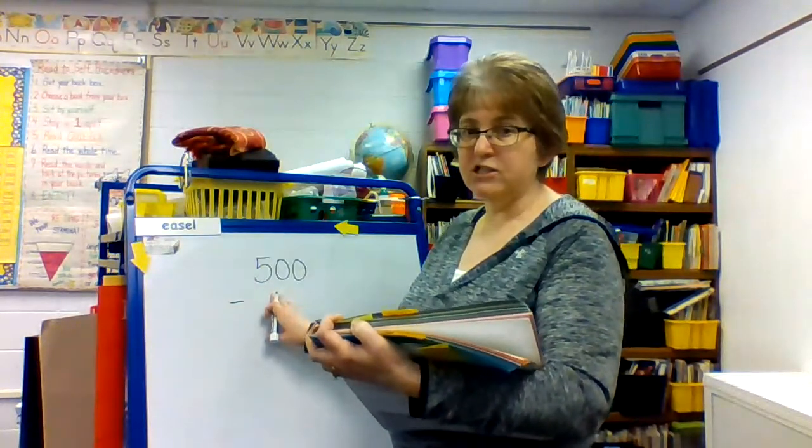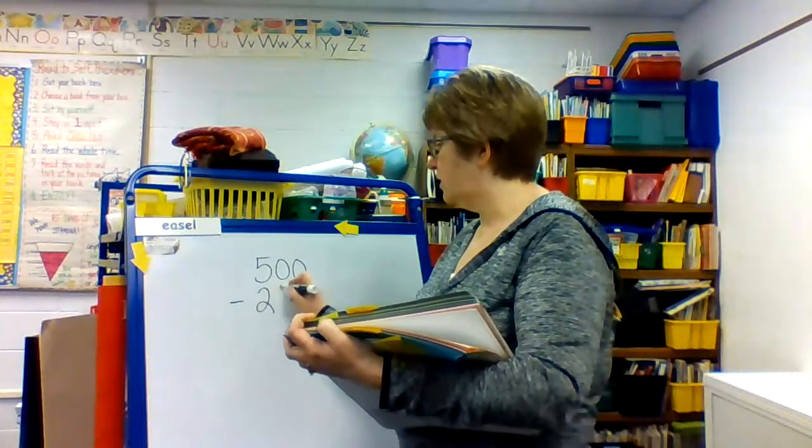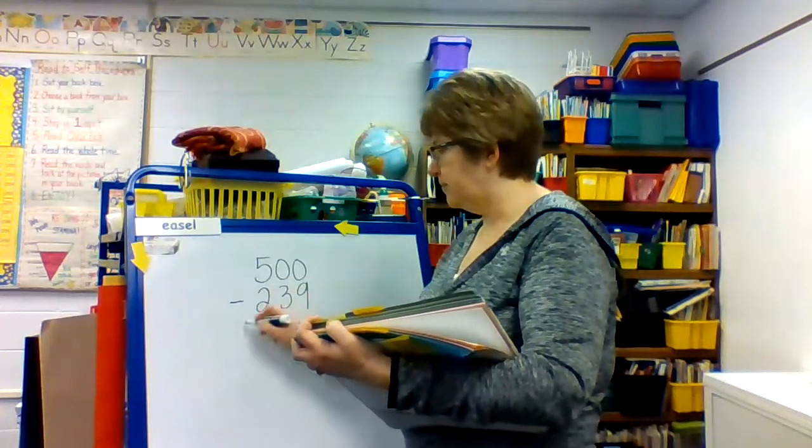Okay, we're going to subtract. They served some of them at lunch, and that leaves me with 239. Okay, so we want to know how many they served at lunch. So I need to subtract what we had left, which was 239.